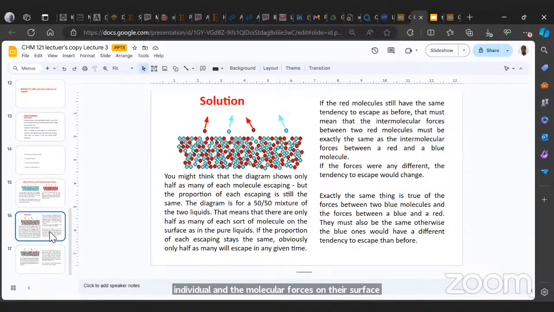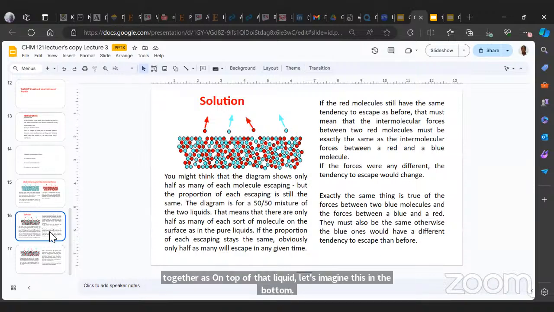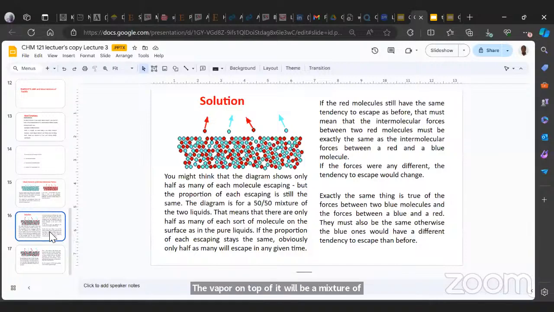Now you mix them together as seen here. On top of that liquid, let's imagine it's in a bottle, the vapor on top of it will be a mixture of vapors from the two liquids. That's what we're trying to say here.